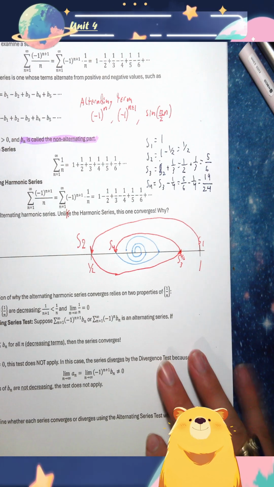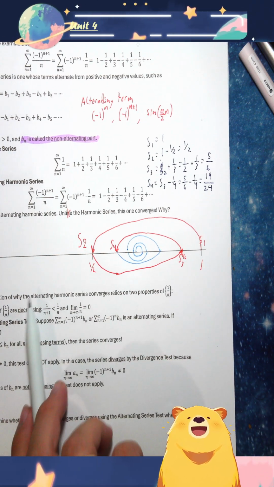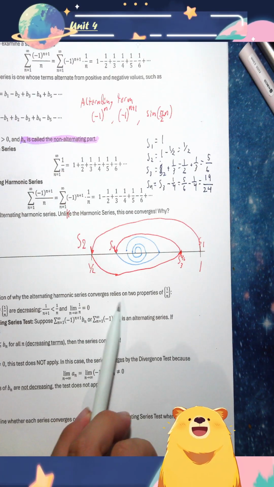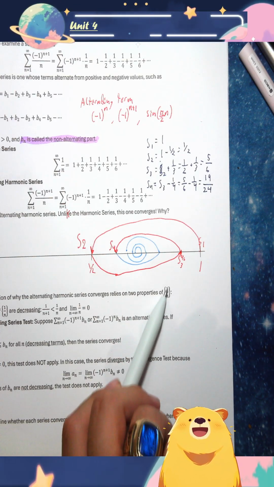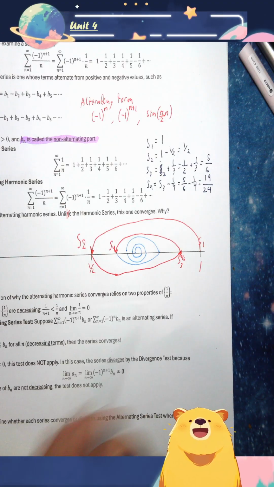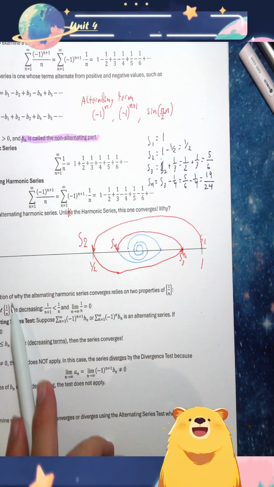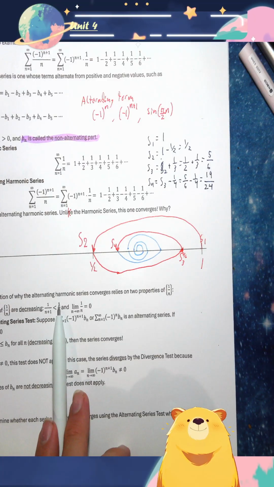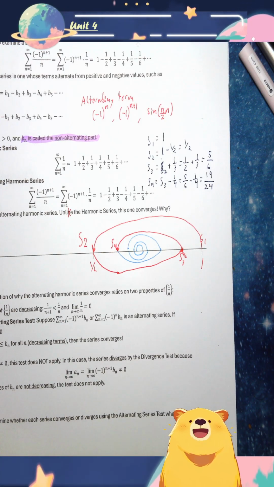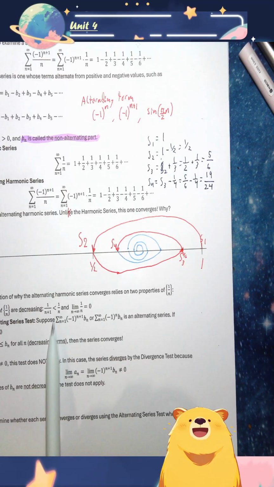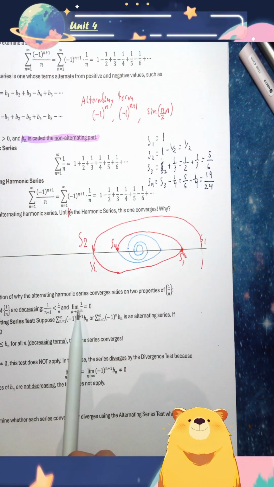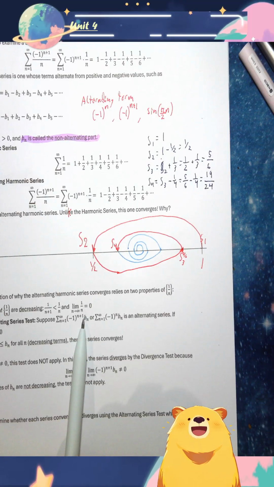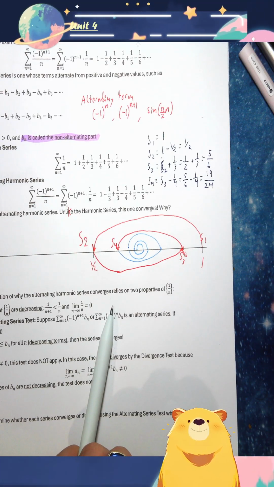So, the explanation of why the alternating harmonic series converges relies on two properties of the 1 over n series. First, the values of 1 over n are decreasing. For every time we go up the n, we are getting a smaller and smaller fraction. And also, the limit of 1 over n goes to 0.